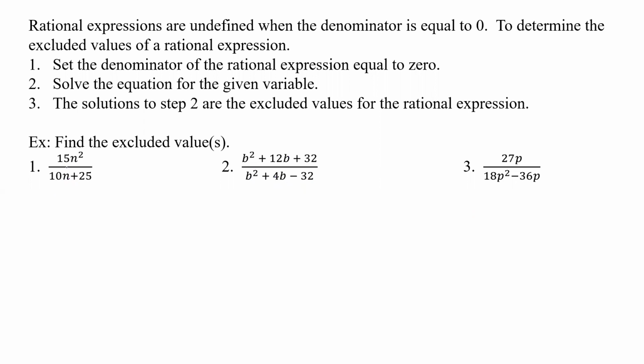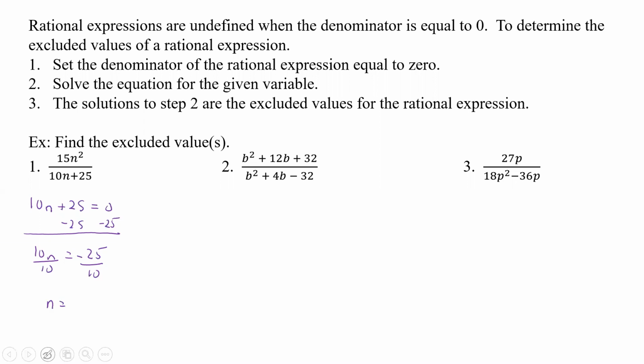So looking at our first one, all we have to worry about is that denominator, because we're looking for excluded values only. So we take 10n plus 25 equals 0. So subtract 25, and we get 10n equals negative 25. Divide by 10 now. And so n is equal to what?